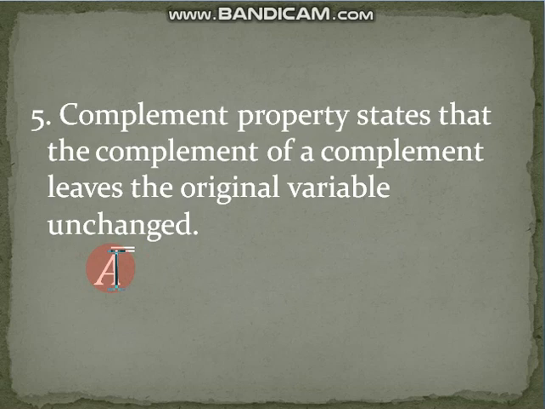So what will be the answer? The original variable here is a. So the answer would definitely be a. Okay? So let me illustrate. That's a complement for illustration purposes. Please don't use a comma. Don't use this sign. Just make sure you use 2 bars.